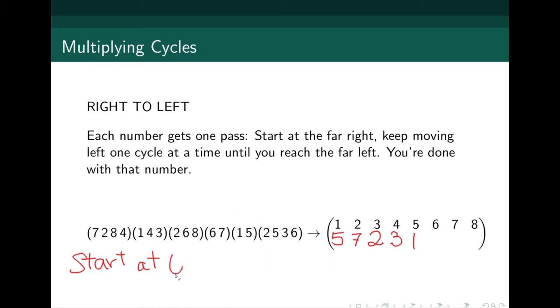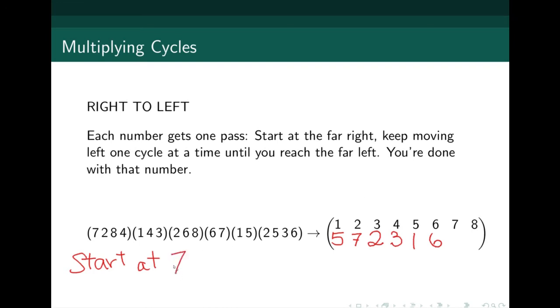Now let's look at 6. 6 first goes to 2. Nothing happens to 2. Nothing happens to 2. 2 goes to 6. Nothing happens to 6. Nothing happens to 6. So the 6 ends up at 6. Next, we consider what happens to the 7.